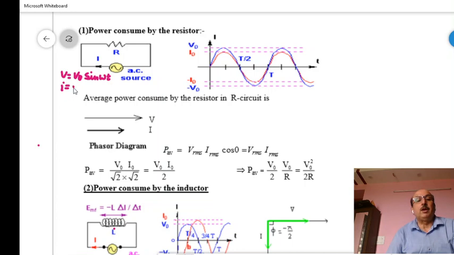It is equal to I naught sine omega t. Here the voltage and the current are in same phase. It means the phase difference between them is zero.